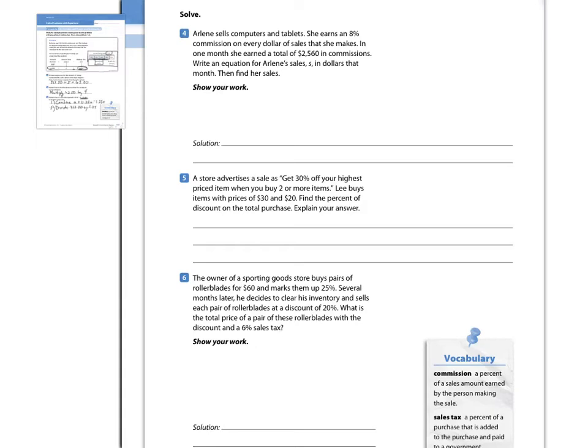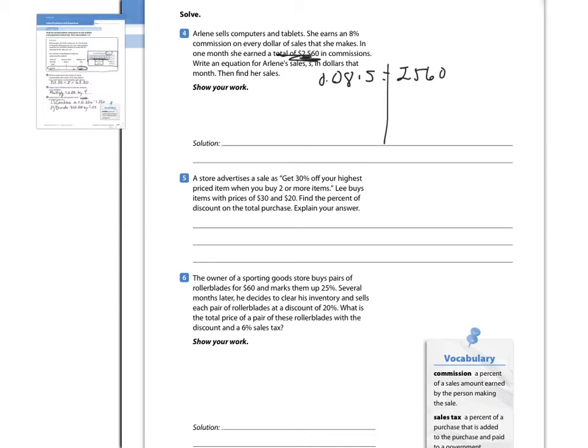Okay, she makes 8% on every dollar, so 8% is represented by 0.08. She makes 8% of her sales. That word "of" represents multiplication, so I'm going to take the 8% and multiply it by her sales. And what we were told is 8% of her sales gives us a total of $2,560.